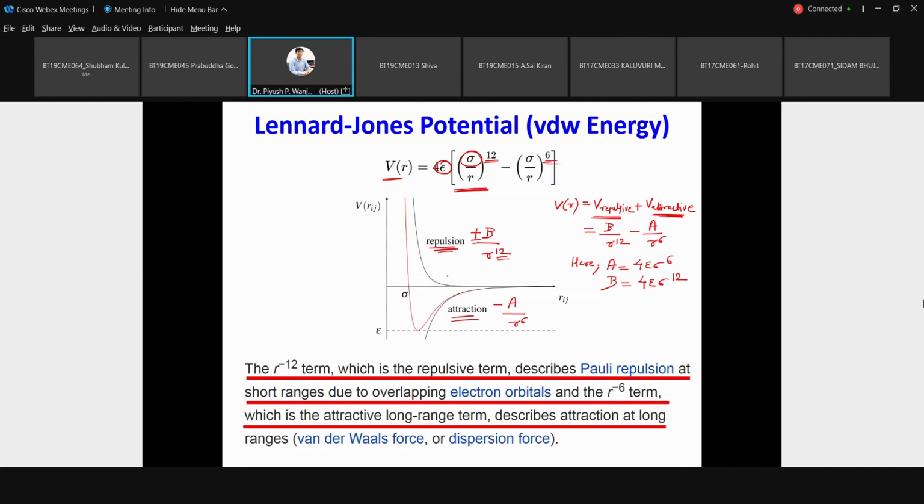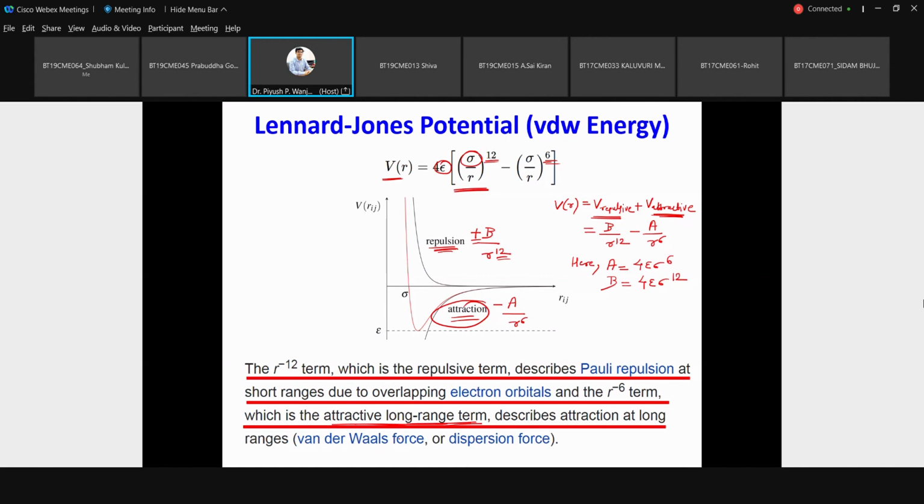So what is the basis of the attractive term? You already know this. We have talked about the different kinds of interaction that could be possible: polar-polar, polar non-polar, or non-polar non-polar. These are the basis for this long-range attractive term.